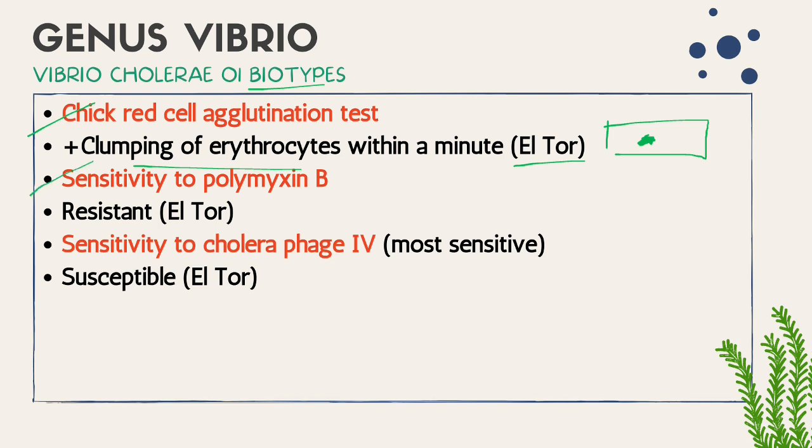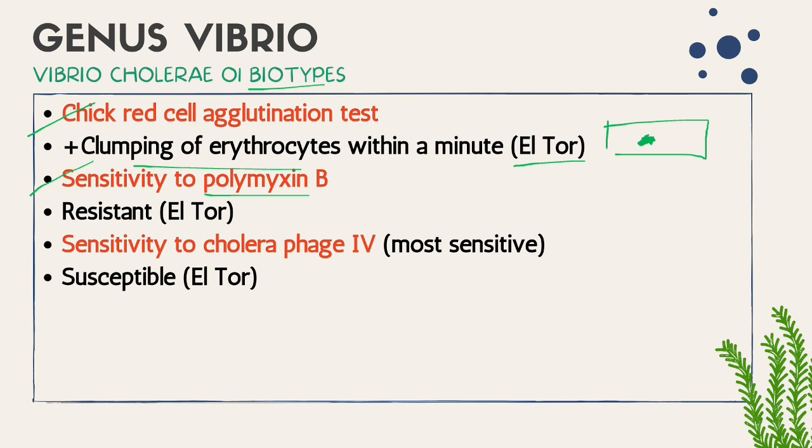Next is sensitivity to polymyxin B. The organisms are tested by the disc diffusion method using discs containing 50 units of polymyxin B. All strains of the classical biotype are sensitive while the strains of El Tor are resistant.